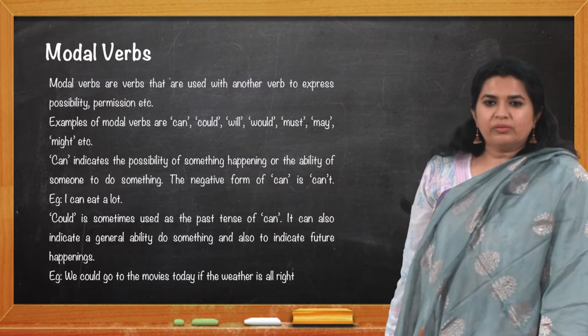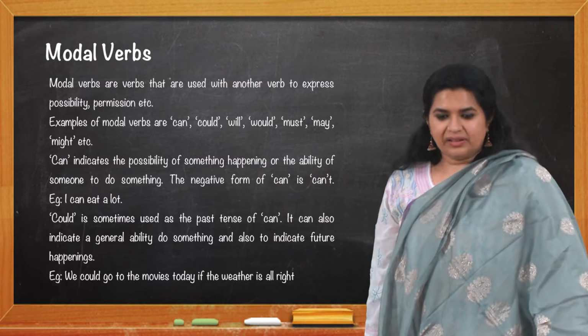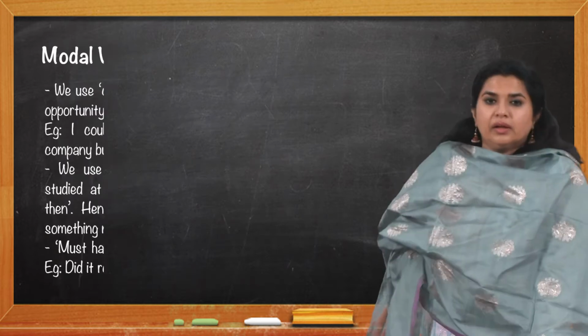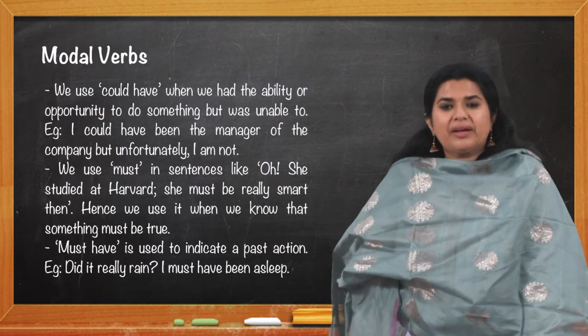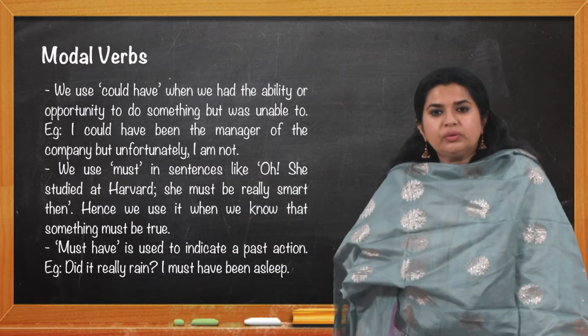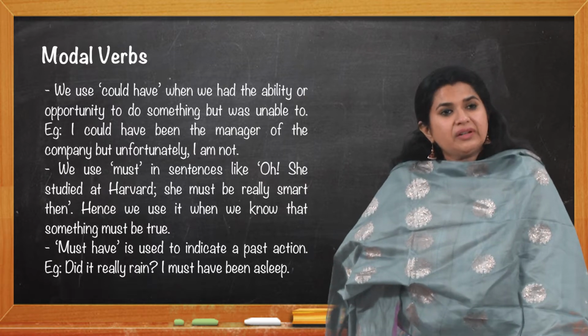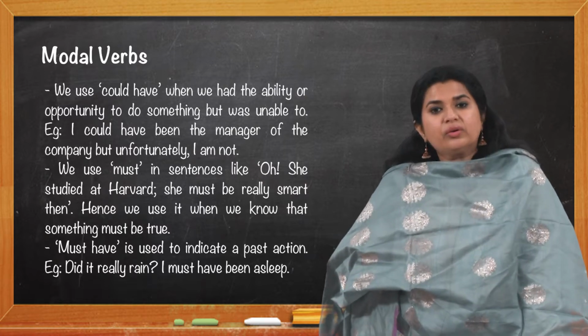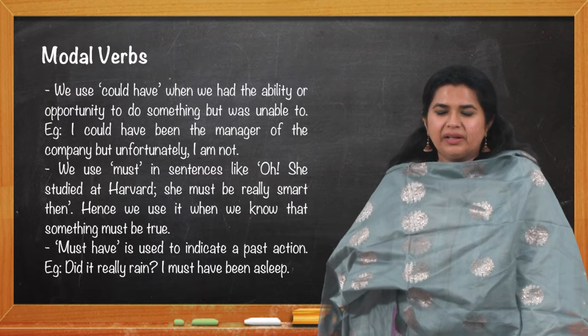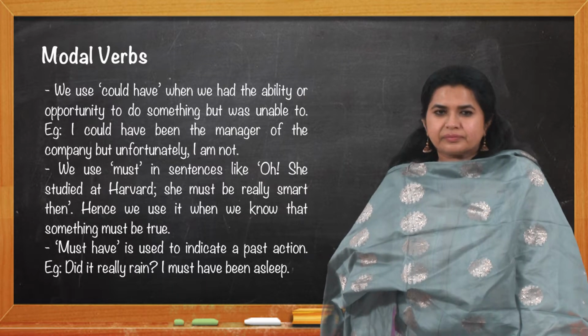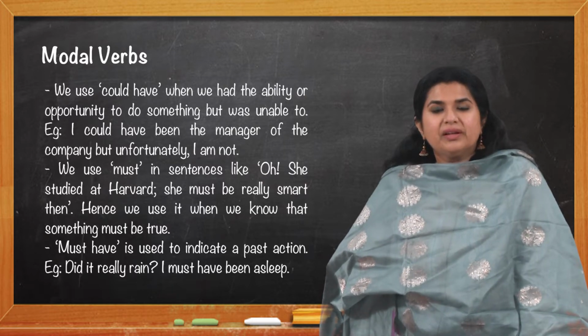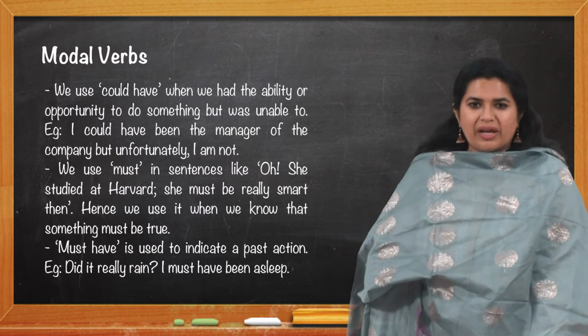We could go to the movies today if the weather is all right. We use could have when we had the ability or opportunity to do something, but we were unable to. Example, I could have been the manager of the company, I could have been the CEO of the company, but unfortunately I could not, or I am not.